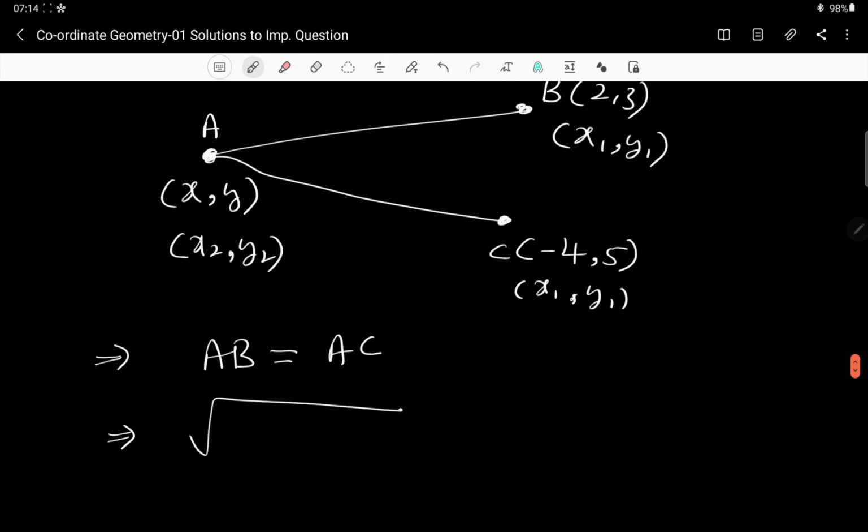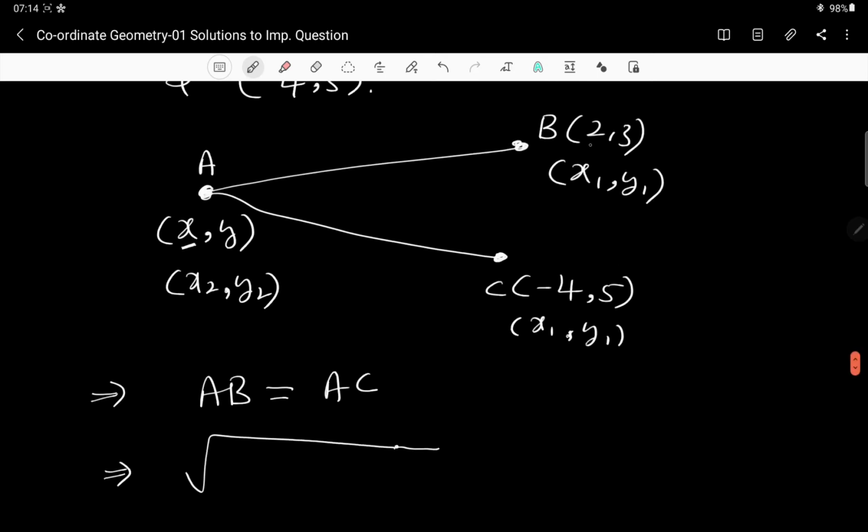So what is the value of AB? AB is under root (x2 minus x1) whole square, you understand, no? x2 means, look at this, x. And minus 2, so (x minus 2) whole square, correct, plus y2 is y here, and minus 3, (y minus 3) whole square.